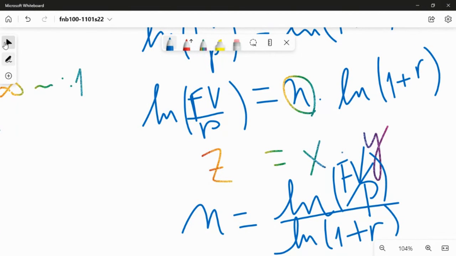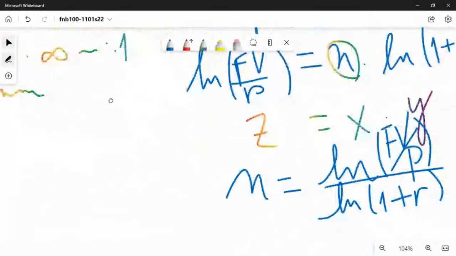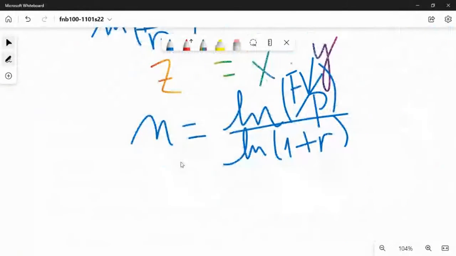It took more time, clearly, but it is important because most teachers, most professors, most textbooks just throw this formula at you and tell you to memorize it. I haven't seen anybody who actually explains why it is derived.